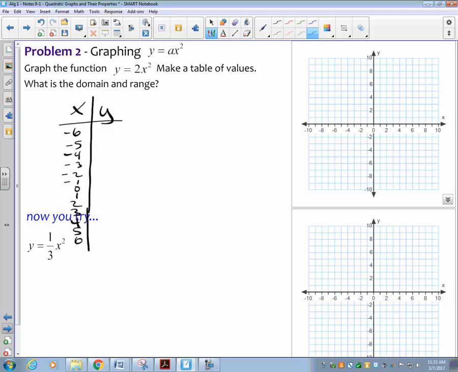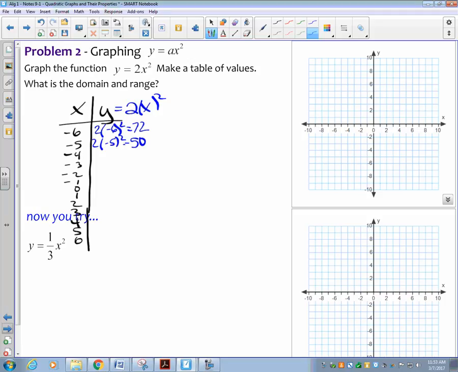All right. So we have y equals 2 times x squared. So we're going to replace the x with these numbers here. -6 times -6 is 36 times 2 is 72. -5 times -5 is 25 times 2.